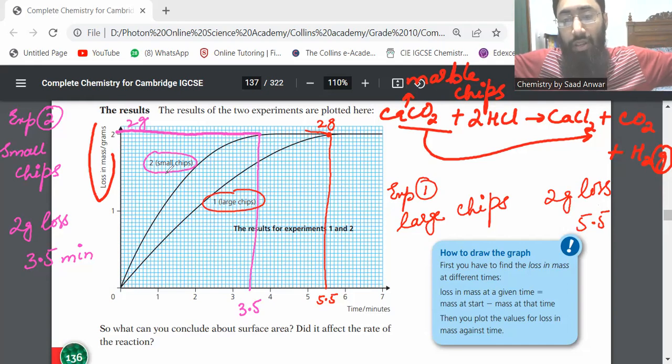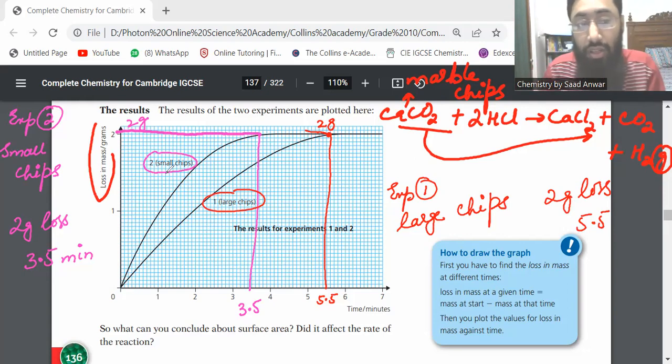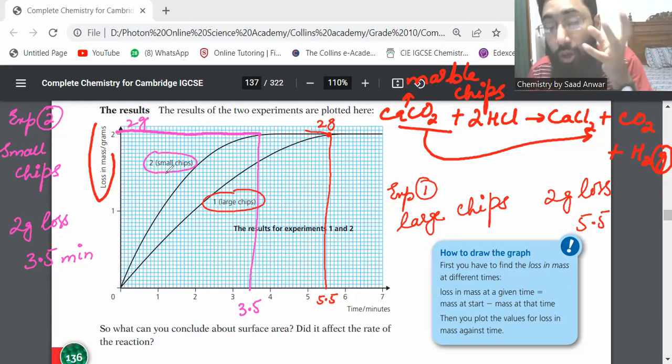More surface area means the rate of reaction will be high. It means the time taken to complete this reaction will be less. In less time, more reactant will convert into product.